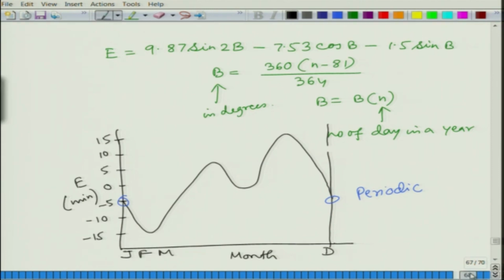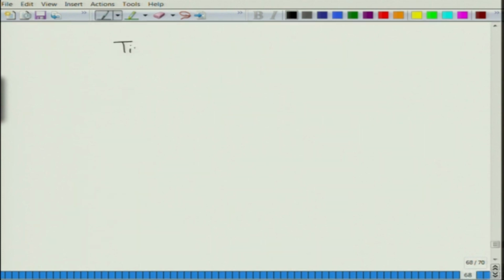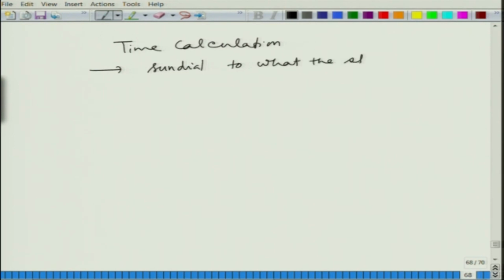So, overall we have obtained the time calculation, which connects what the sun or the sundial says to what the standard watch should say.